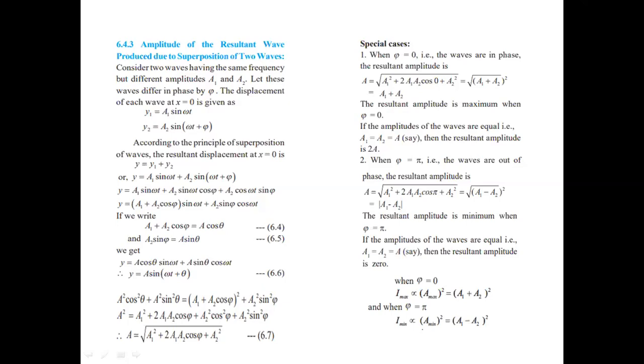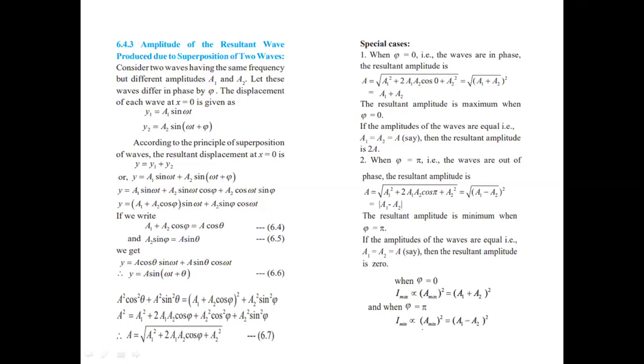So the resultant amplitude becomes mod of A1 minus A2. Thus the resultant amplitude is minimum when phi is equal to pi. If the amplitudes of the waves are equal, that means A1 equal to A2 equal to A, then the resultant amplitude becomes 0.